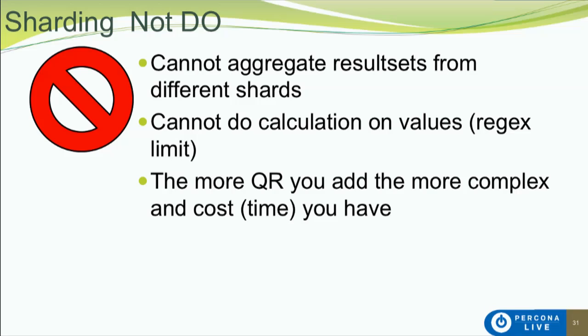There is no way to do a calculation from regex about what the different shard can be, and the more query rules you add, and the more complexity you add, the more time it could eventually take.